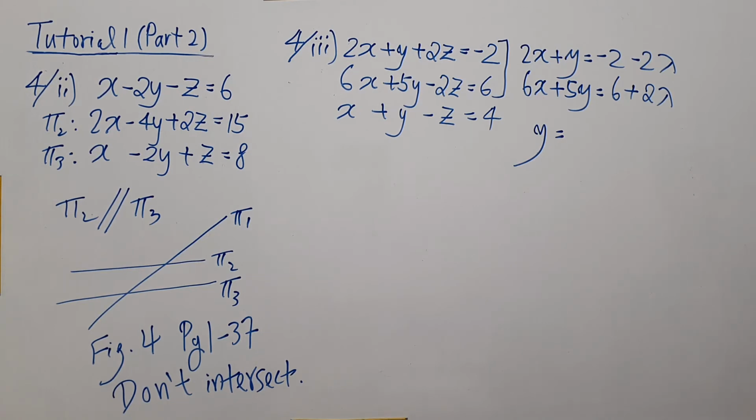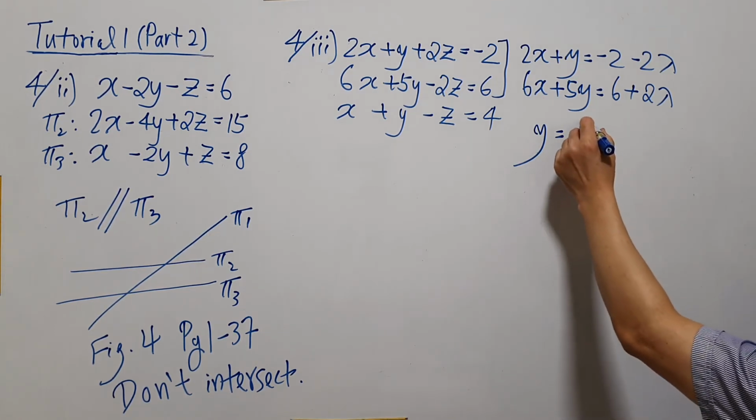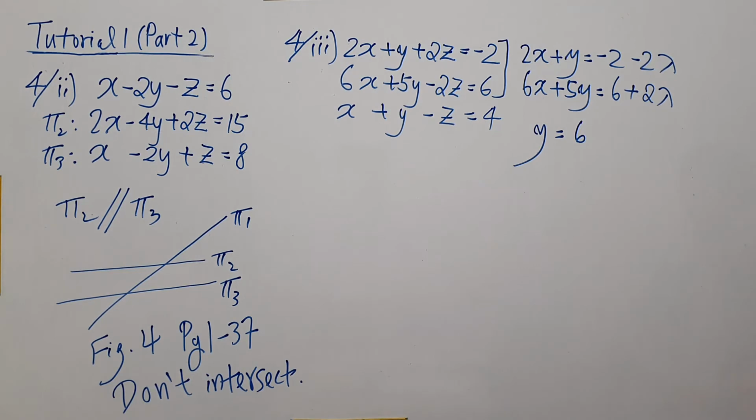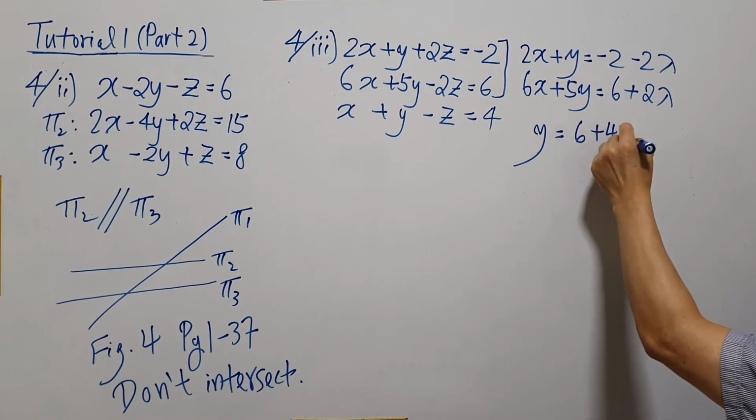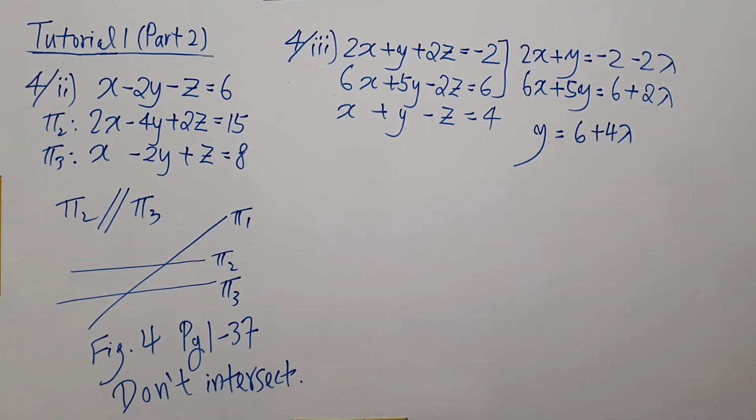Let me revise again. I have now found that y is 6 plus 4 lambda. Let me double check again. Okay, so I think my y is 6 plus 4 lambda.